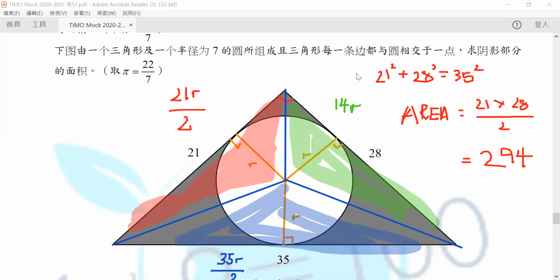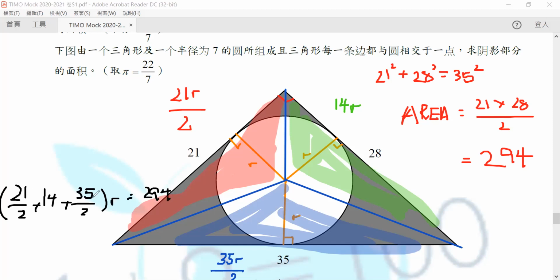If we add all this together, we go to our leftmost, which is equal to 21 divided by 2 plus 14 plus 35 divided by 2, and then the whole thing multiplied by r, which is equal to 294.